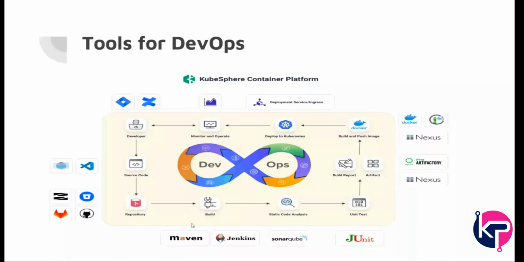Okay. So there are many tools for DevOps, and I just displayed a couple of them here. We talked about Git, right? So we have Git here, which is GitHub. It's another website which provides a free workspace to learn GitHub.